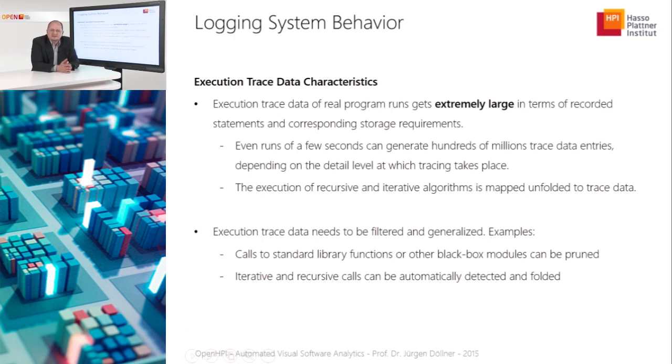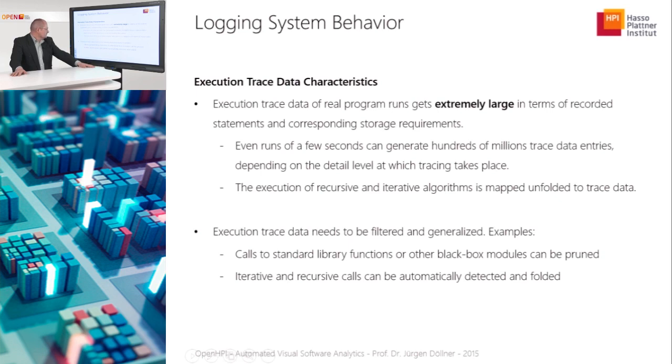Execution trace data also needs to be filtered in general, and it has to be abstracted or generalized. For example, this means that calls to standard library functions or other black box modules can be pruned, cut off, because sometimes we are not interested in them, because we trust that these functions are implemented well. At least we don't want to have a look inside these functions or modules. If so, we can prune them.